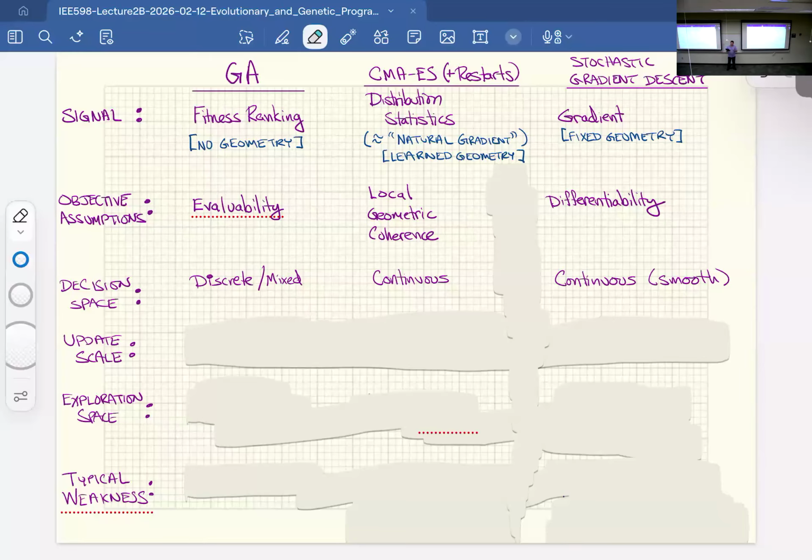Because if your decision space is lines of code, I can't map that to a real number. But I need to map it to a real number if I want to use CMA-ES, because CMA-ES assumes that I can make infinitesimal movements in any direction. So it assumes an underlying decision space of real numbers.